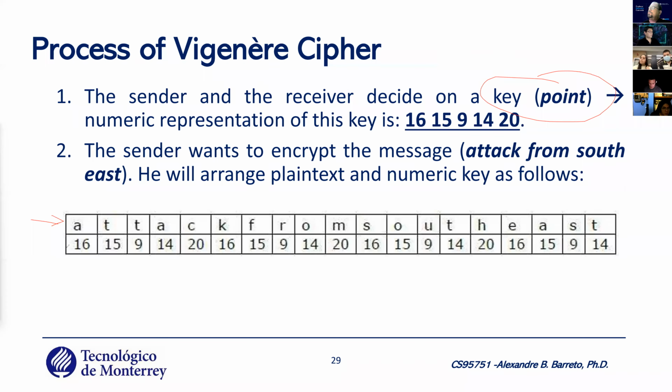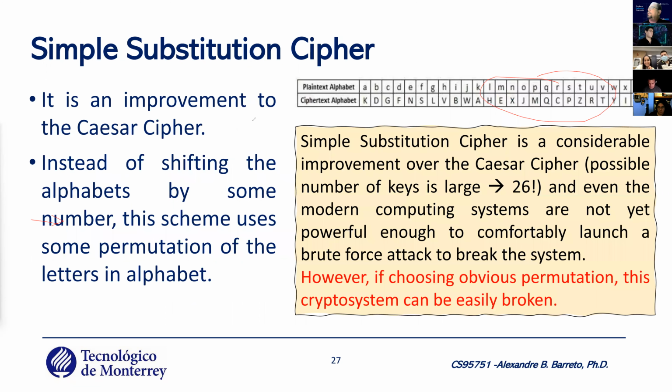To cipher this message, you need to go to the clear text alphabet and replace the A with the letter that is represented by the 16. How to see it? Go here. Count: 1, 2, 3, 4, 5, 6, 7, 8, 9, 10, 11, 12, 13, 14, 15, 16.